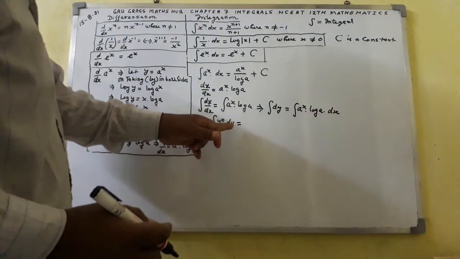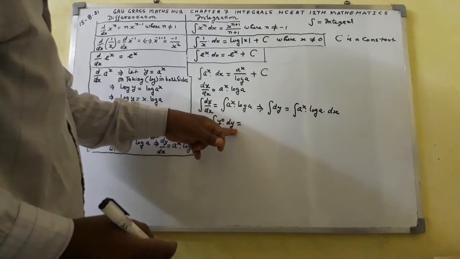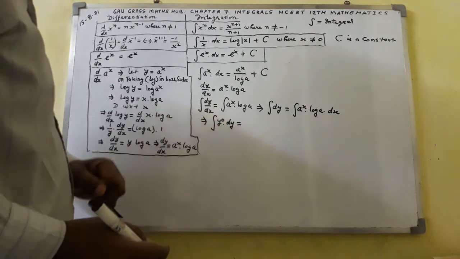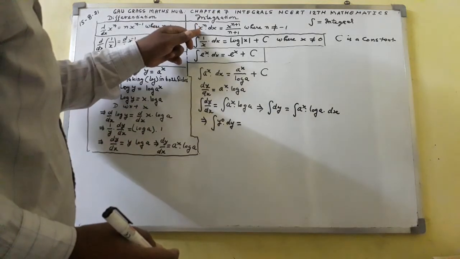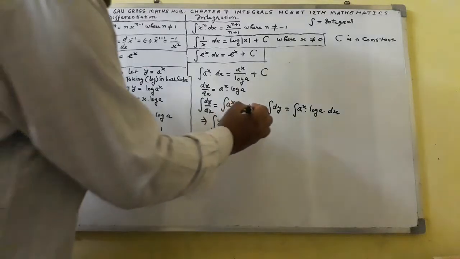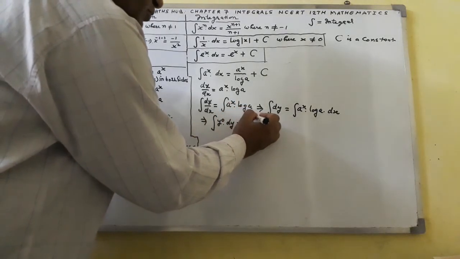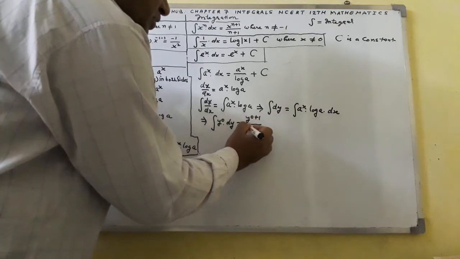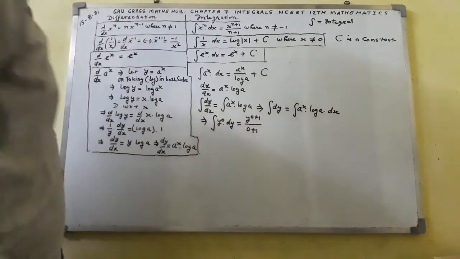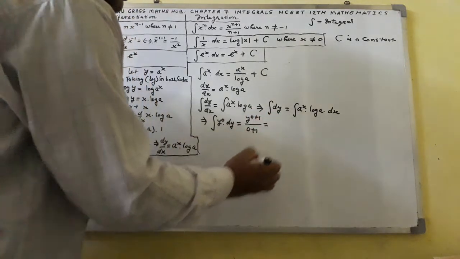Here you can see y is available, and the bases are the same, so you can very well apply this formula. On application of this formula, you will get y raised to the power 0 plus 1 whole over 0 plus 1, which equals y.